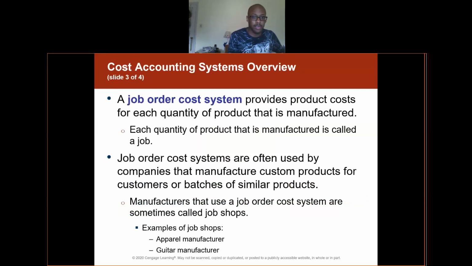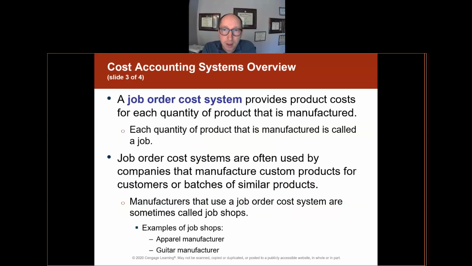In a job order cost system, this system provides costs for each quantity of a product that is manufactured. What does that mean? As I said earlier, the job is based off of the individual customer order.